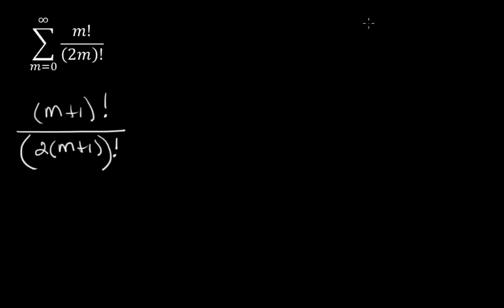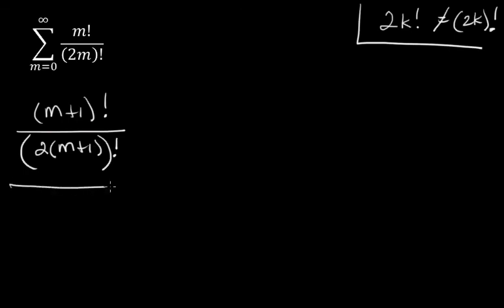I need to have parentheses around this because 2k factorial is not equal to (2k) factorial. Not equal. You check that and make sure. Let k be 4. 2 times 4 factorial is not the same thing as 8 factorial. So you need to be very careful. And now this is over m factorial over (2m) in parentheses factorial.